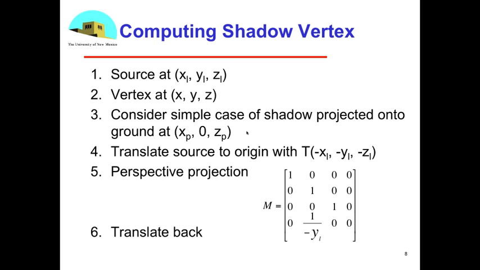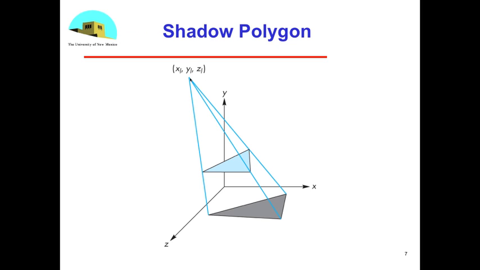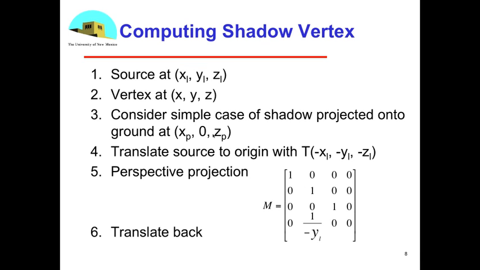Remember, this is again our strategy, which says, okay, convert everything to a problem you know how to solve, and do that by using some of our standard matrices. So if I translate the problem to where the light source is now translated to the origin, this is now looking like a perspective projection, given where these vertices of the polygon are. So that's exactly what we do. We translate the source to the origin by just the translation with the location of the point light source.